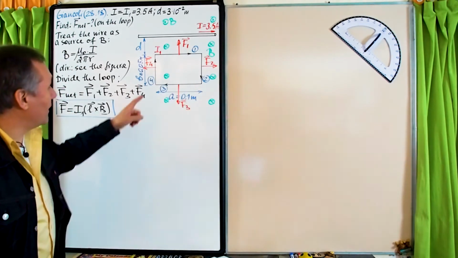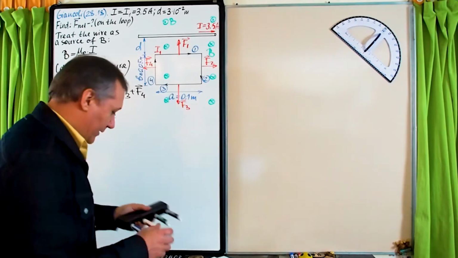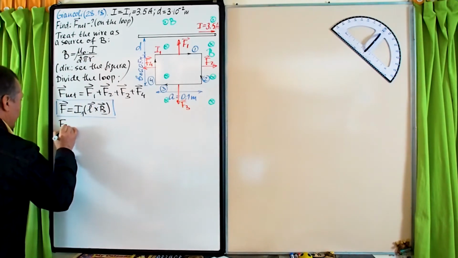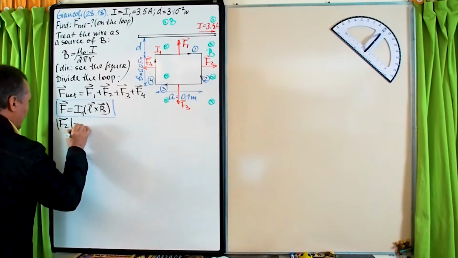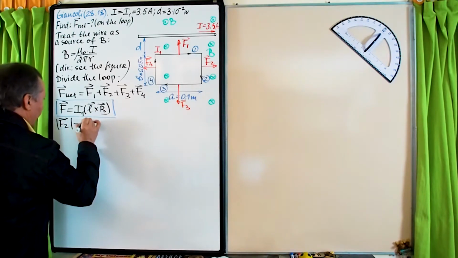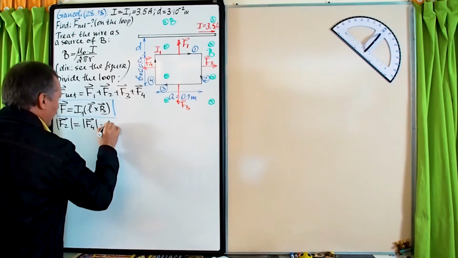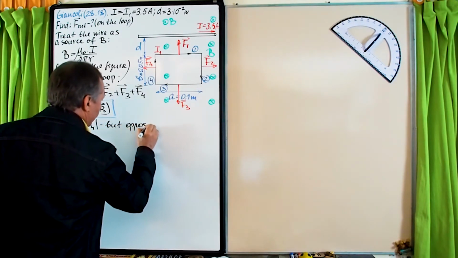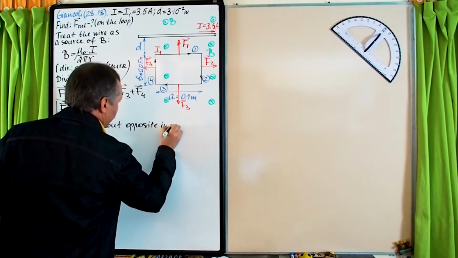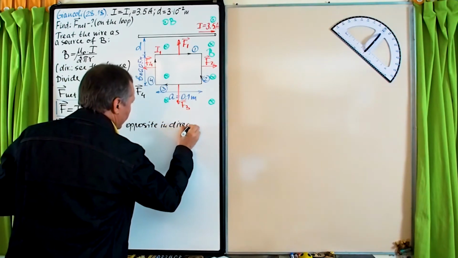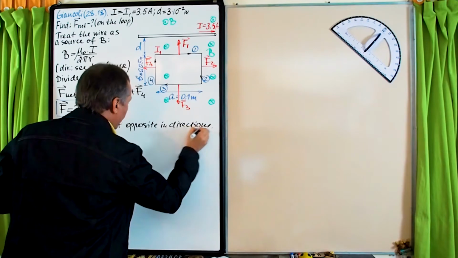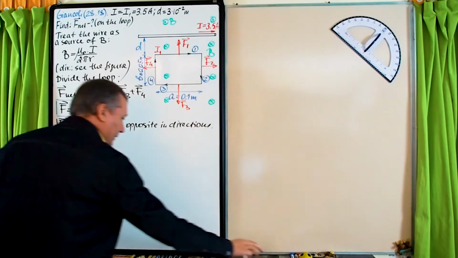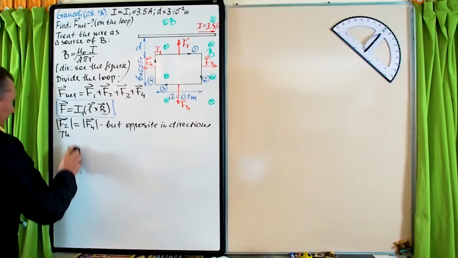So F2, let me write, absolute value equals F4, but opposite in direction. So they cancel each other.